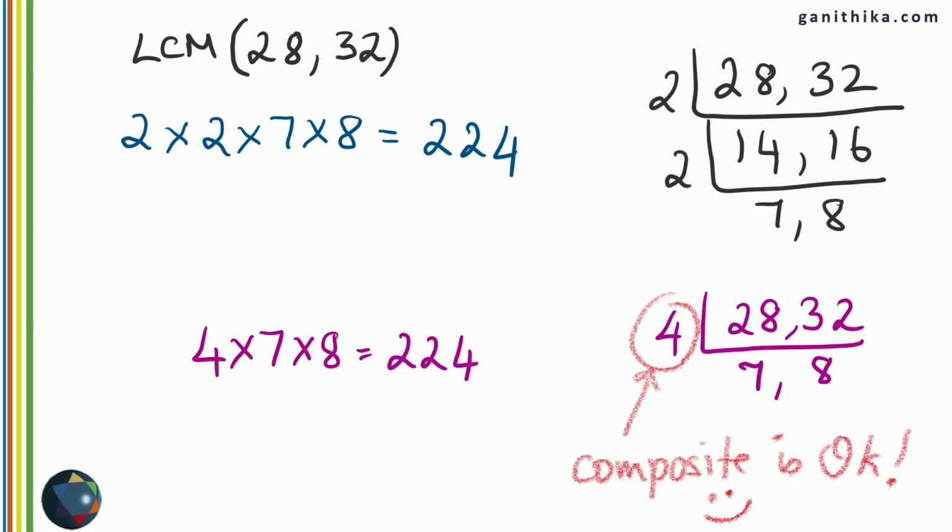It can be a composite number as well. So we are not going to prime factorize it. We are just going to find the common divisor of the two numbers and start dividing those two numbers by that common divisor. It can be a composite number, need not be a prime number. If it is a composite number, it becomes easier because the number of steps would be less.